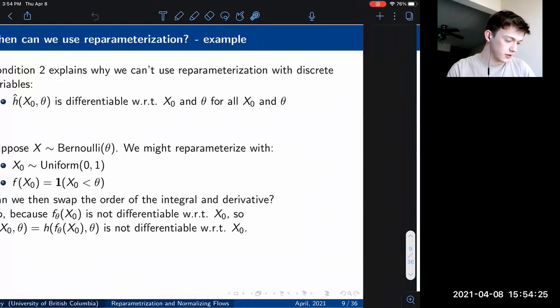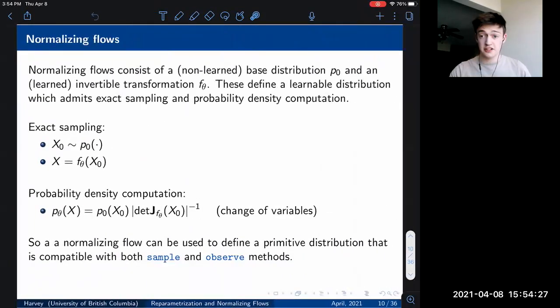Okay, so I will move on then. Now we're getting to the start of normalizing flows. Just to define what normalizing flows are, we have, like with reparameterization and the change of variables, a base distribution. Now we're calling the base distribution P0 instead of U, for reasons that will hopefully become clear in a couple of slides.